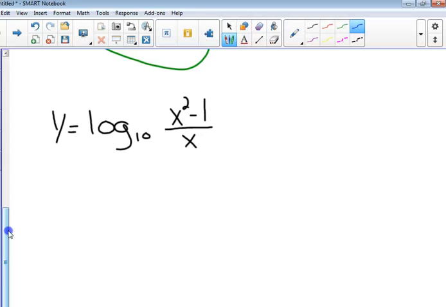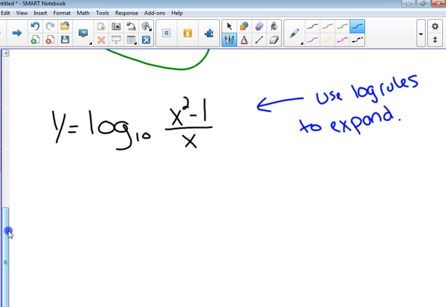You can do it both ways and it will work, but one way is going to be easier. Sometimes it's easier to use your log rule to expand this out. Then it becomes much easier when you're taking your derivative.